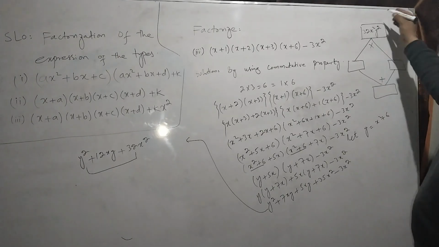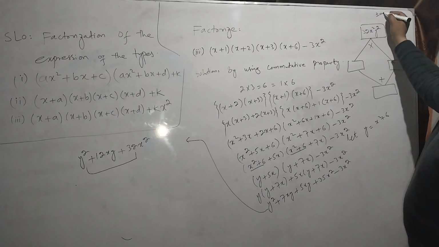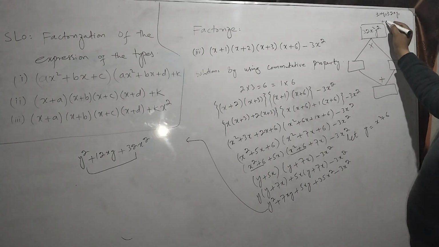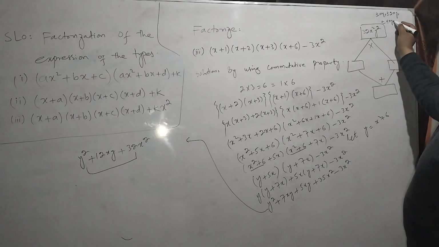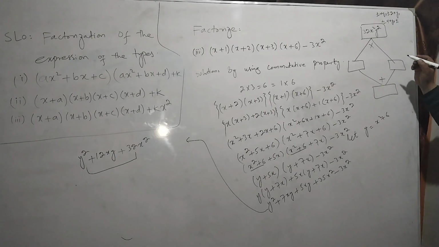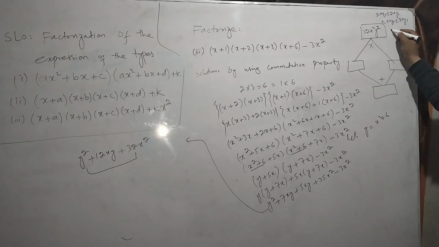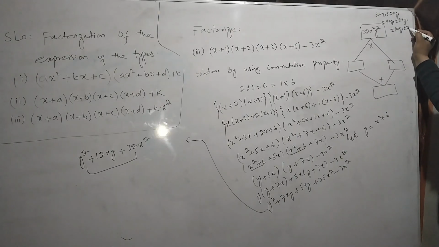Okay, the factors of these 32, that is plus minus xy, plus minus 2xy, plus minus 4xy, plus minus 8xy, plus minus 16xy and plus minus 32xy.